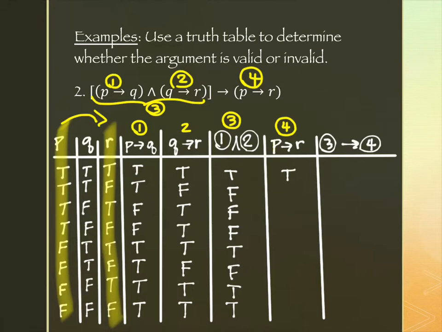True. Row 2 is true implies false. That's false. Row 3 is true implies true. And row 4 is true implies false. And then rows 5 through 8 all start out false, so they are true.